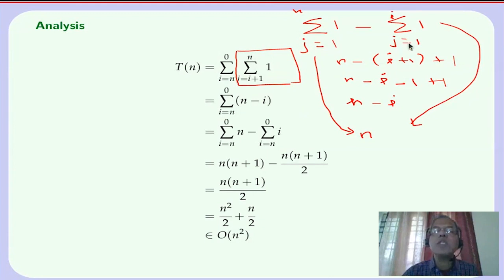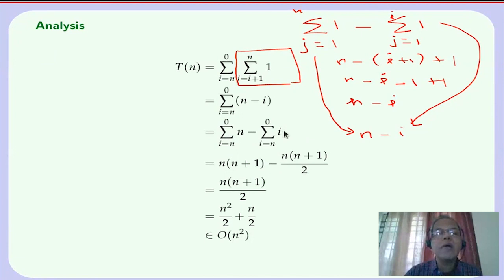The sum of 1 for j is equal to 1 to I will be I, in whichever way you write. So that is n minus I. Sum of n minus I for I is equal to n to 0. Separate this: sum of n minus sum of I. N is a constant, therefore you can take that out. Therefore, this is the sum of 1 for I is equal to n to 0. There are n plus 1 terms. Therefore, this is n times n plus 1.